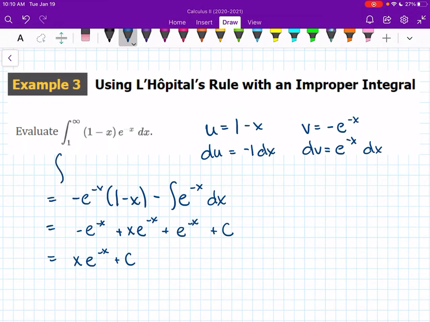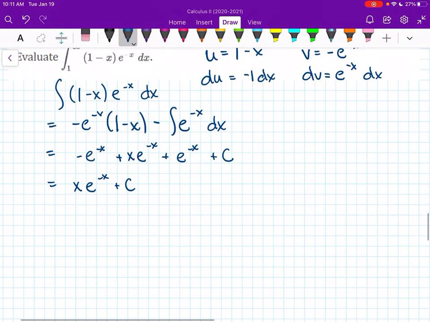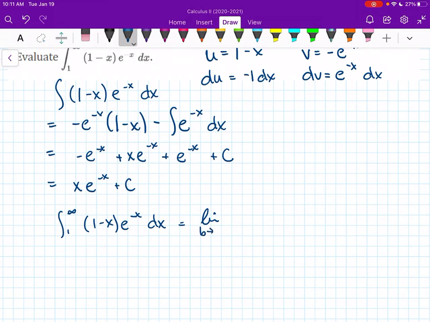All right, so this is, oops, I forgot, this is the integral without the bounds. So I have not taken into consideration the bounds yet. So if I do take into consideration the bounds, I know the integral from 1 to infinity of 1 minus x times e to the negative x dx is going to be the same thing as the limit as b approaches infinity of the integral from 1 to b of 1 minus x times e to the negative x dx.